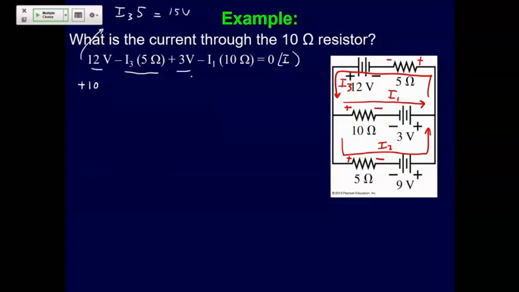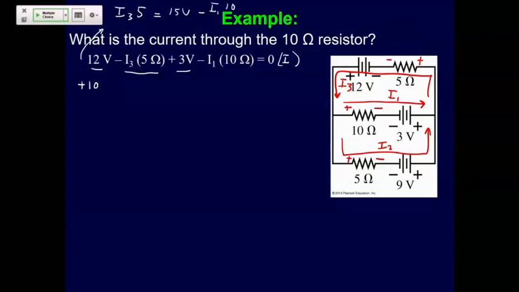That's 12 plus 3 minus I1 times 10. Now I'm doing something that you're never supposed to do, which is dropping my units. I'm just doing it because my handwriting is so bad, so I'm trying to compromise here. But if I take this equation and condense it down, I can write it as I3 times 5 equals 15 minus I1 times 10.